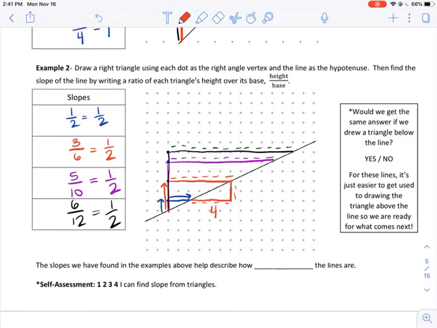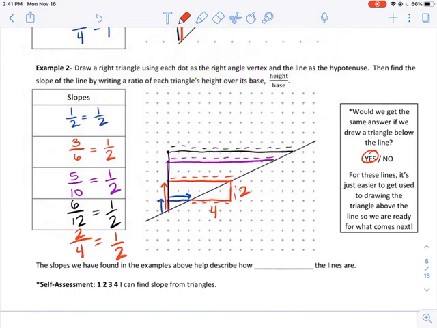This first number, 4, is the base, so it should go on the bottom. So you do have to be a little bit careful, but it does give you the same answer. So yes, you would get the same answer, but it's not always going to be that the first number you get is the number you put at the top of the fraction. That's why it's easier to draw the triangle up first, then over.